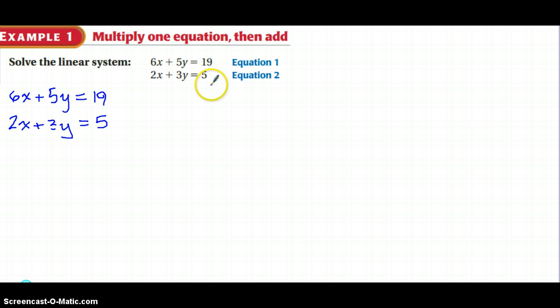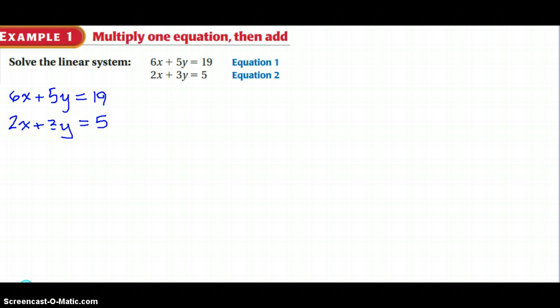And so I can tell you up front, for me, I know that I can't multiply 3 by anything that's an integer, a whole number, to get 5. And I can't do that with 5 to get 3. I could do it with fractions, but that gets sloppy and messy, and you guys know I like to try to avoid that. What I do notice, though, is that this 6 is a multiple of 2, which means there's some whole number I can multiply by 2 to get 6.